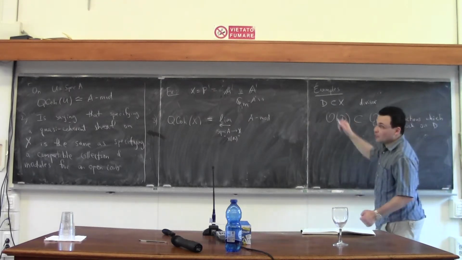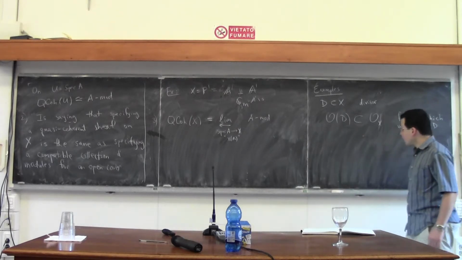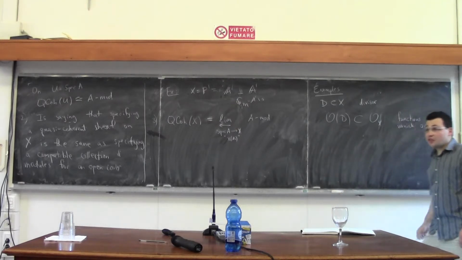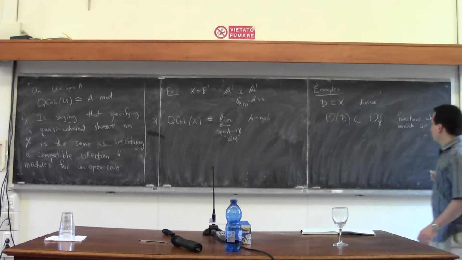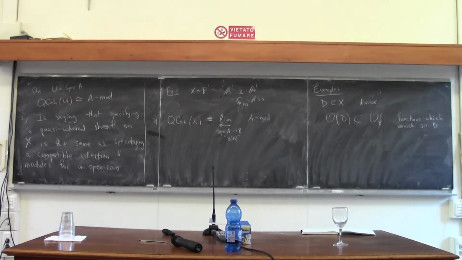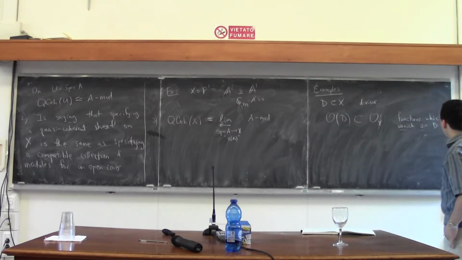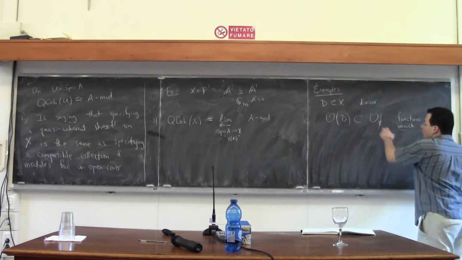The reason I wanted this to be codimension 1 is otherwise this would be pretty degenerate. A function that has a 0 always has a 0 in some codimension 1 subvariety. Okay, so you can define this.